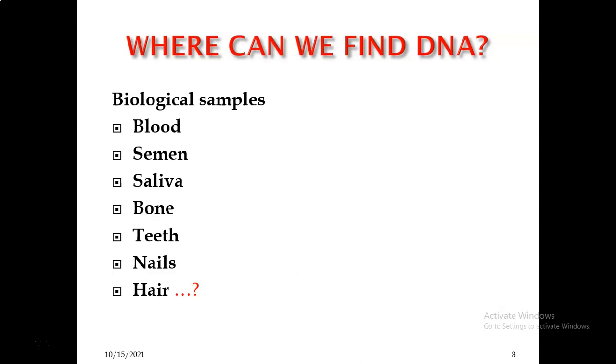But there's a question mark there. If you want to use hair in DNA testing and you want nuclear DNA, the hair must possess the root, because the shaft contains mitochondrial DNA but not nuclear DNA.